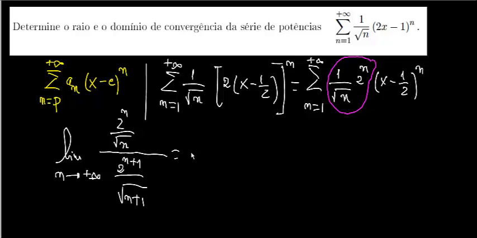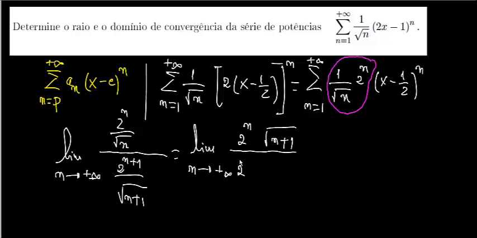So the limit when n approaches plus infinity of 2 to n square root of n plus 1 over 2 to n plus 1.